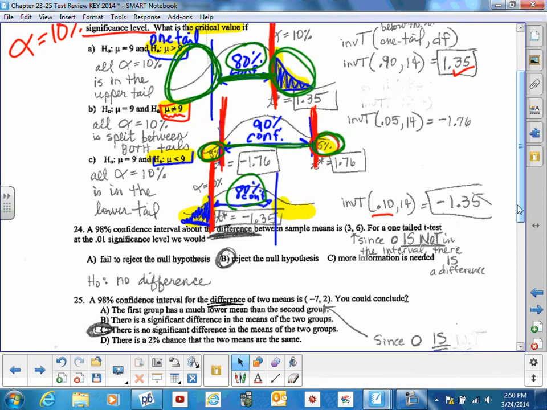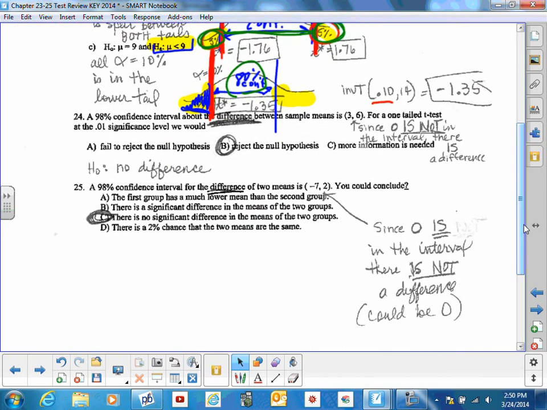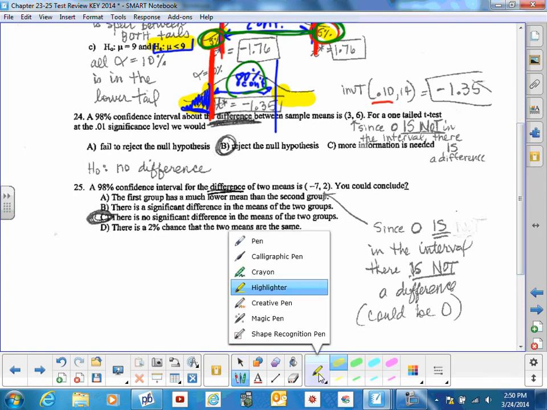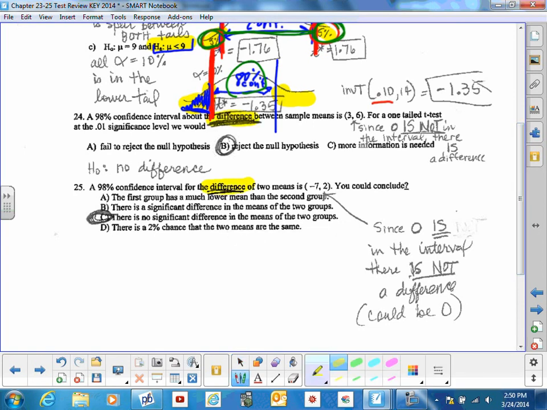Okay. Questions there? All right, then the final 24 and 25 are about this being a problem about the difference. Since this is about the difference, I'm interested in if 0 is in the interval.